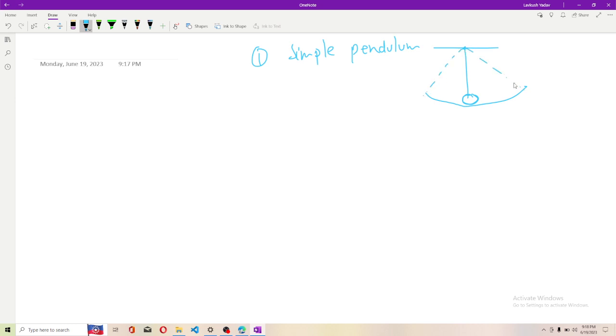Now it can go to and fro from the center. Suppose someone says that its time period depends on the length of this rope, and its time period also depends on g.